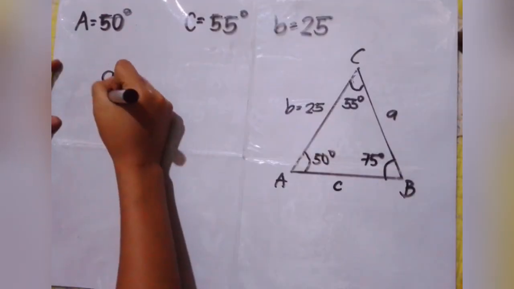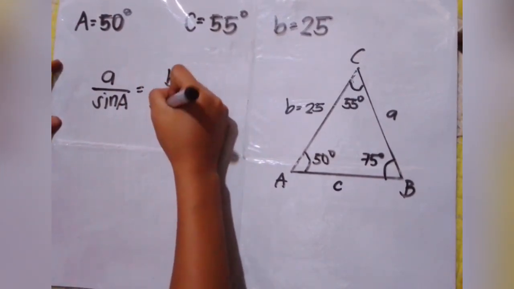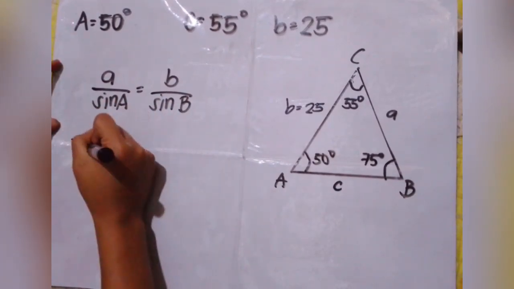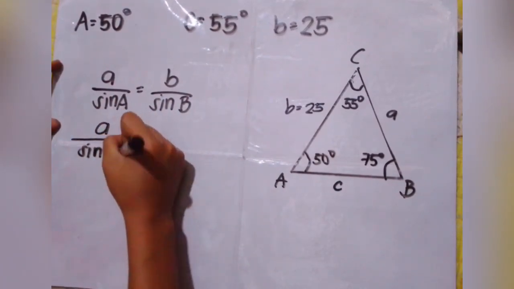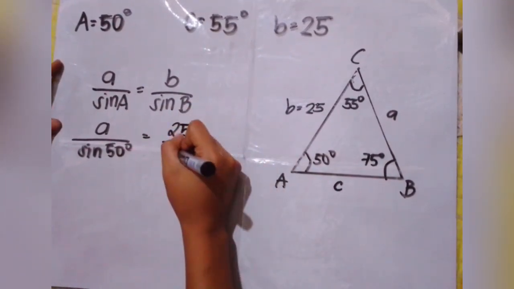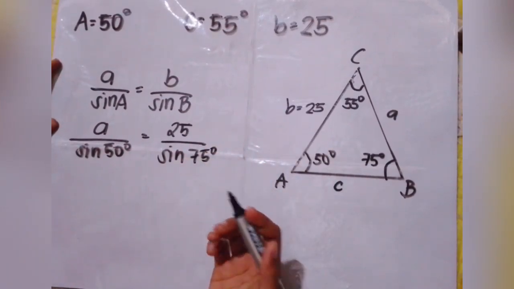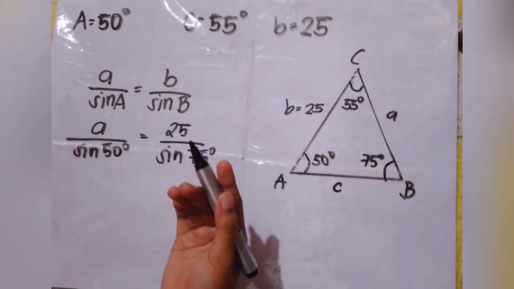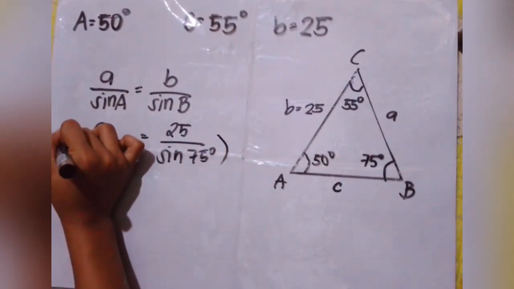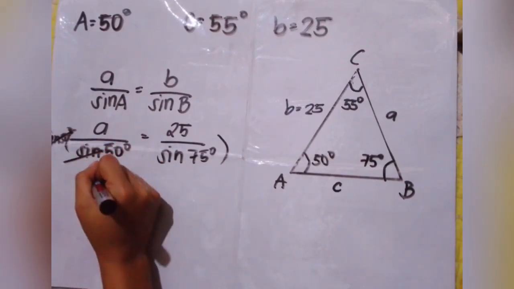Next we use the law of sines to find the side A. A over sine A is equal to B over sine B. Next, we substitute: A over sine 50 degrees is equal to B, which is 25, over sine 75 degrees. Then we multiply both sides by sine 50 degrees. Then cancel.